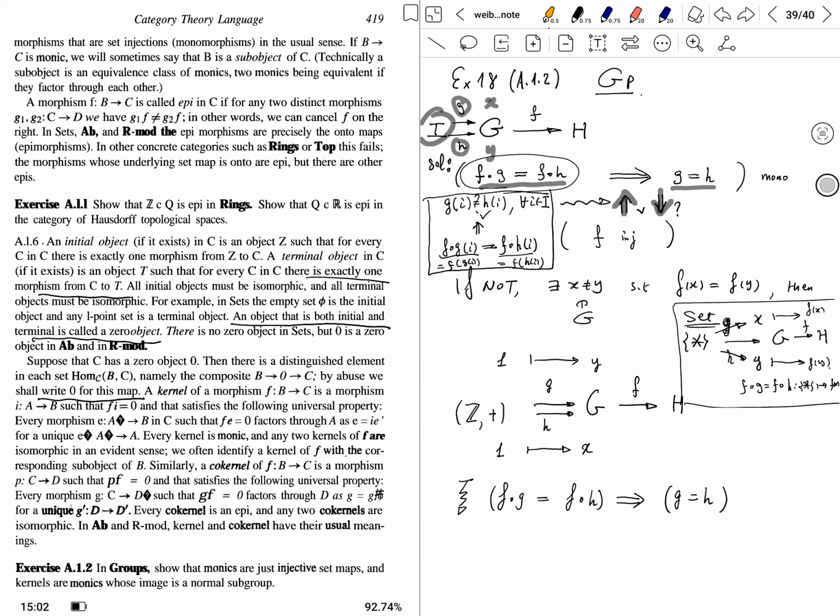And so this tells you that in the category of sets, monomorphism implies injective, or in other words, if not injective, then not a monomorphism.